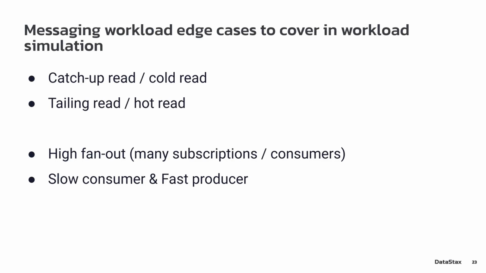One of them is a so-called catch-up read, which is also called a cold read. And this is a case when the entries aren't found in the entry cache for certain reasons. Let's say you have a large amount of consumers that are starting up later than the producers, and in that case, the entries are no longer in the entry cache, and when they connect, all the consumers will have to go the slow path to the disk.